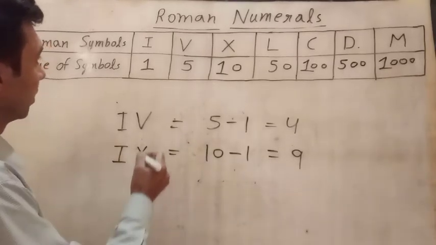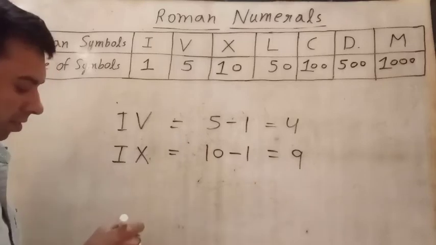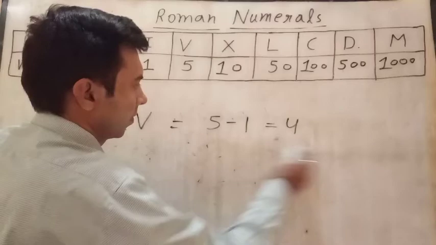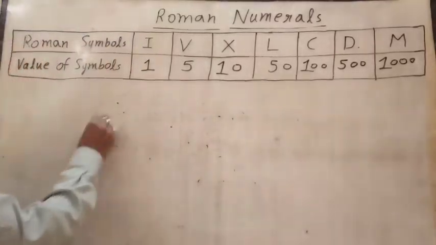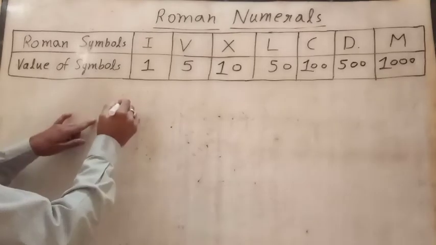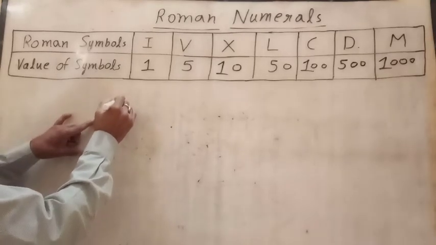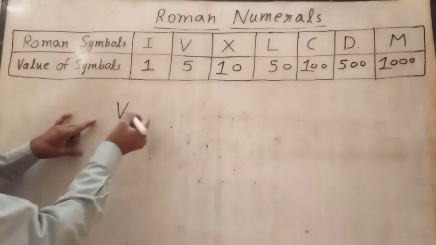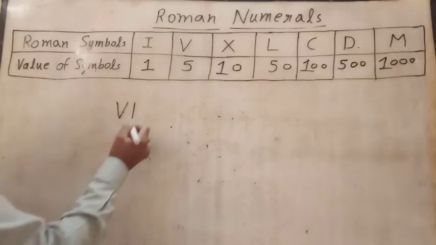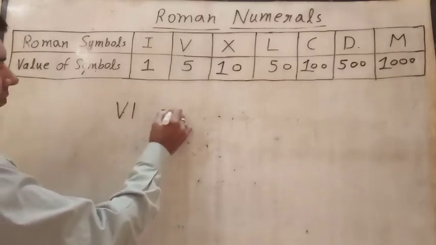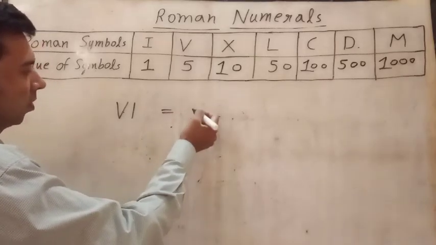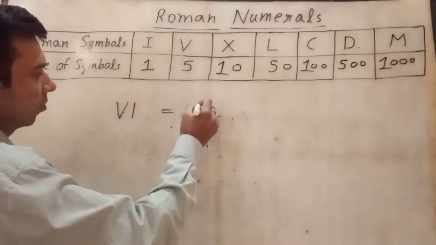Next, when we write the smaller Roman numeral to the right side of the greater numeral, then we add the value of the smaller Roman numeral to the greater Roman numeral.